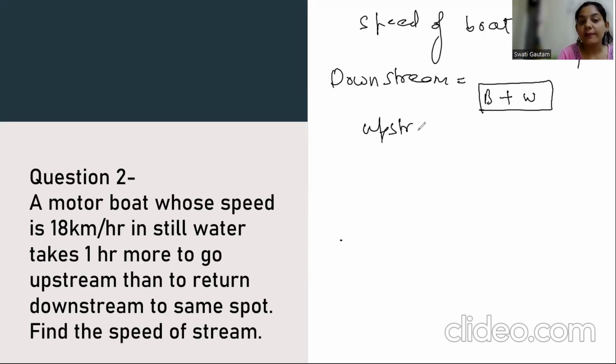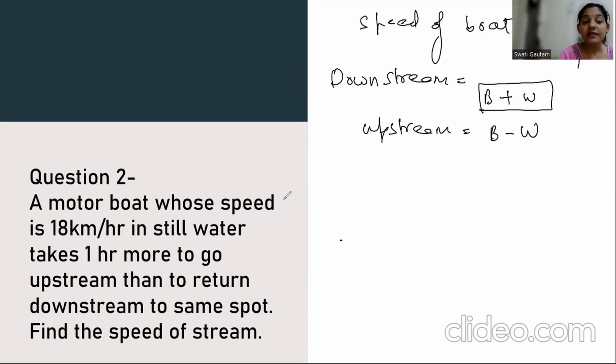But in upstream, the directions are different, so it is B minus W. Always remember, in downstream the speeds are added and in upstream the speeds are subtracted. The speed of the boat should always be greater than the water. If it is greater, only then it will move forward, right? Because it has to cut the water.